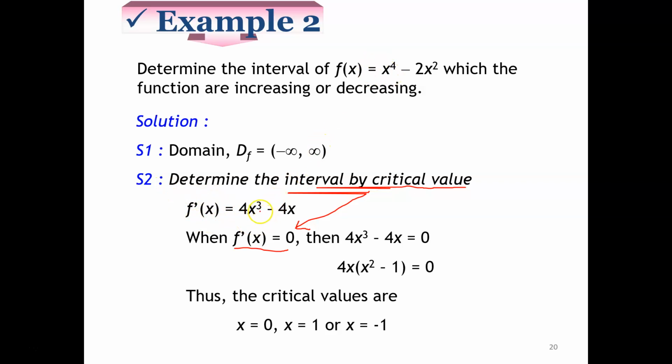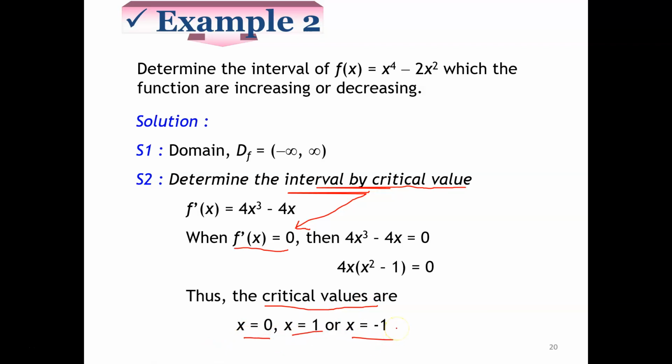So you get 4x cubed minus 4x. Then you equal it to 0. The first derivative, equal it to 0, so that you get like this, f prime equal to 0. Then you're going to factorize it. Either you want to factorize, or you can straight away key in into your calculator so that you get the critical values. So the critical values will be these three.